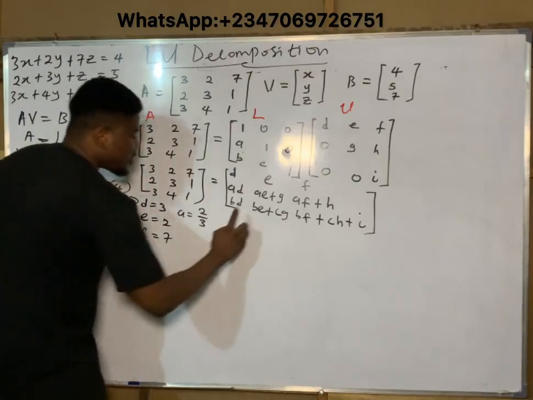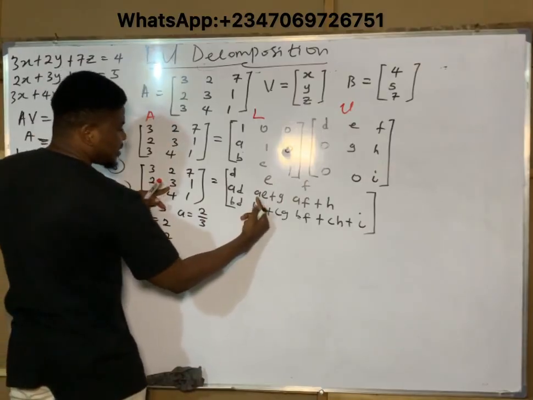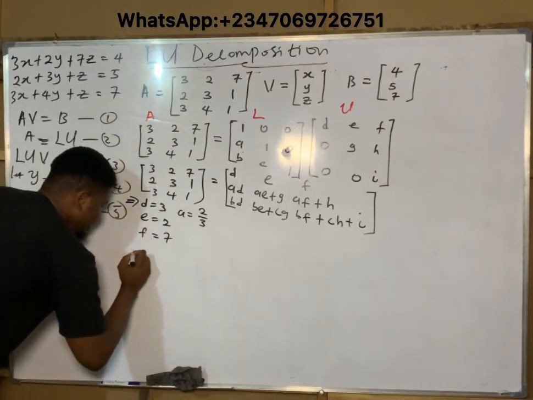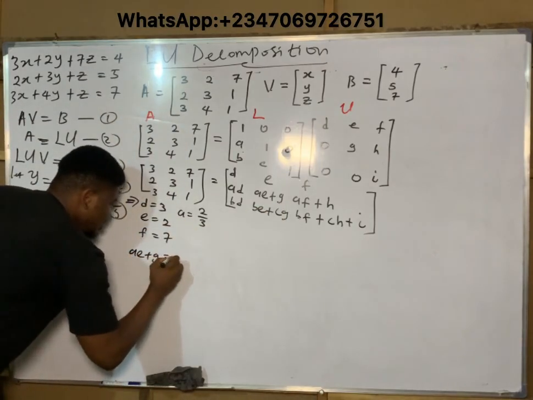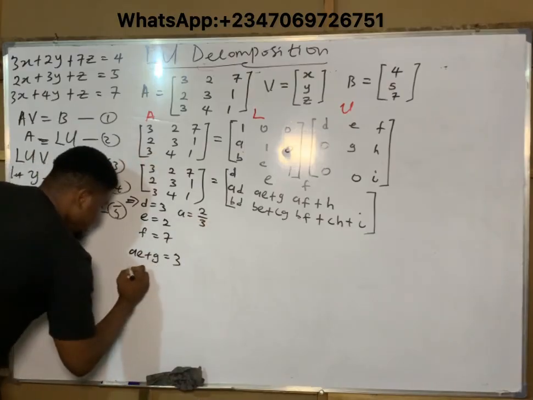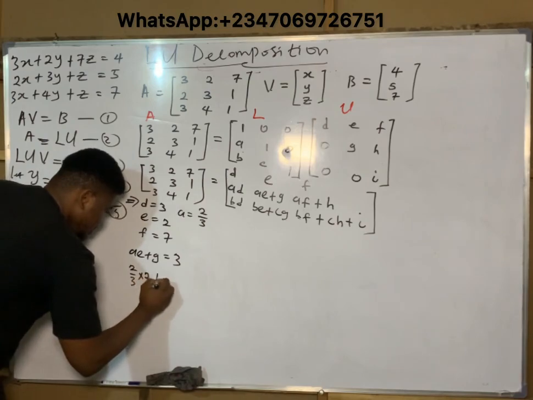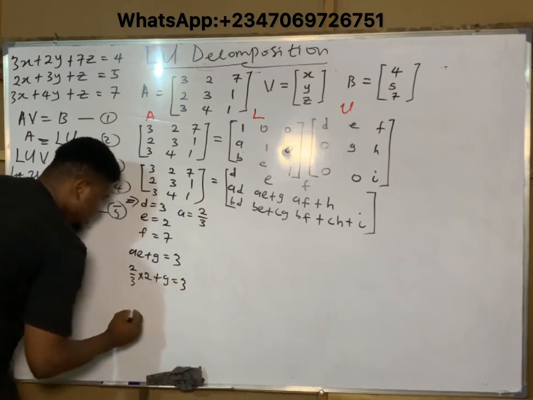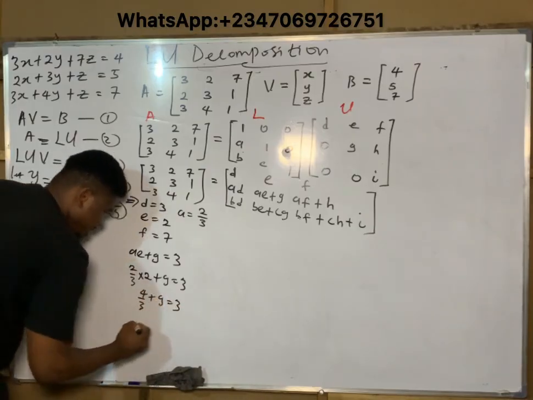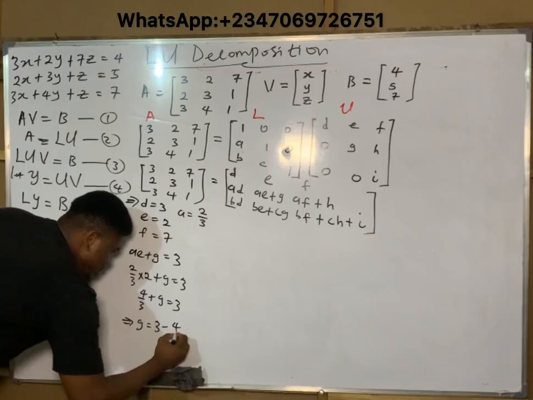Similarly, we move down here now. AE plus G, that will be equal to 3. So we have AE plus G to be equal to 3. We know the value of A. A is 2 over 3, multiplies E. E is 2, plus G equals 3. So this is going to be 4 over 3 plus G to be equal to 3, which implies that G equals 3 minus 4 all over 3.